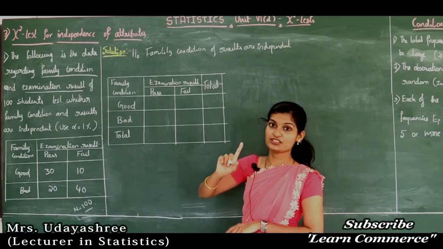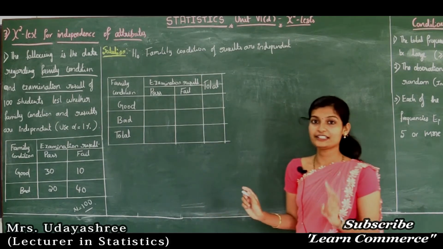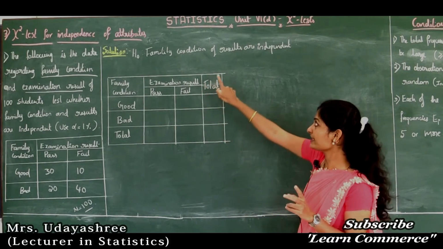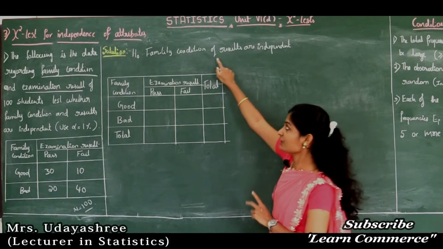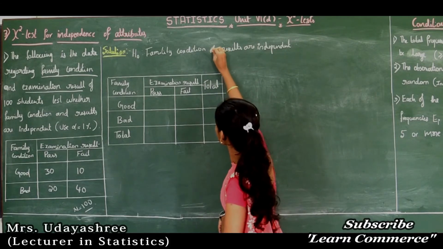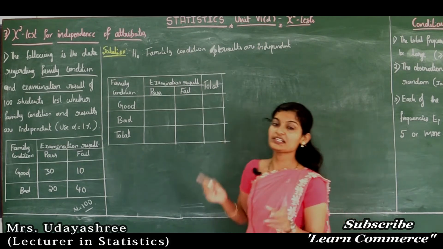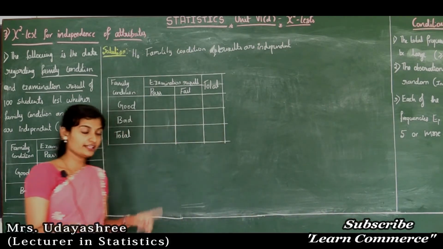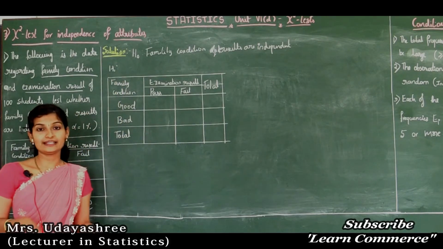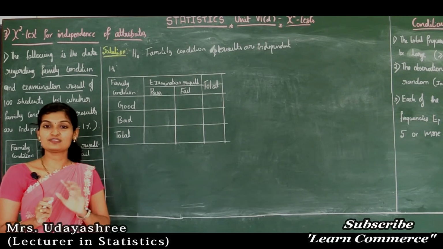In the test procedure we already discussed that H naught is that two attributes are independent. Here the two attributes given are family condition and examination result. Therefore H naught is: family condition and examination results are independent. Then what is H1? In the test procedure, H1 is that the two attributes are not independent.